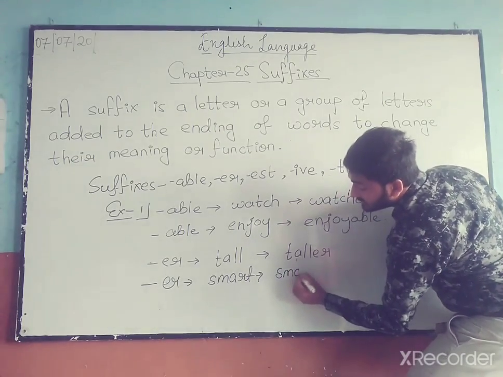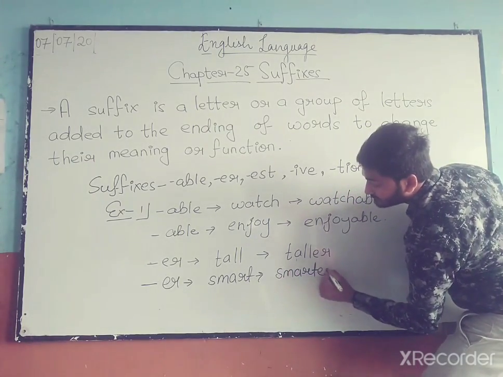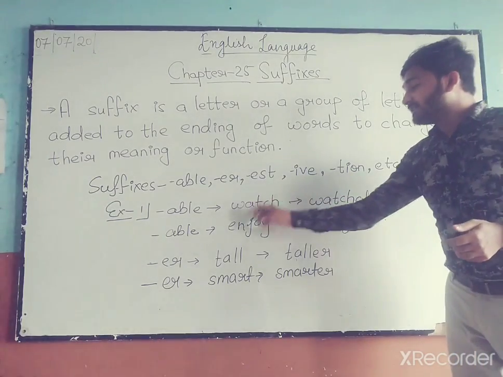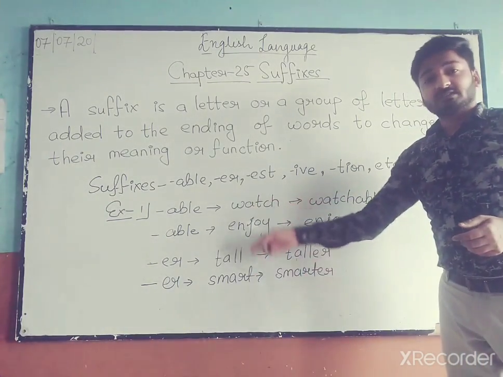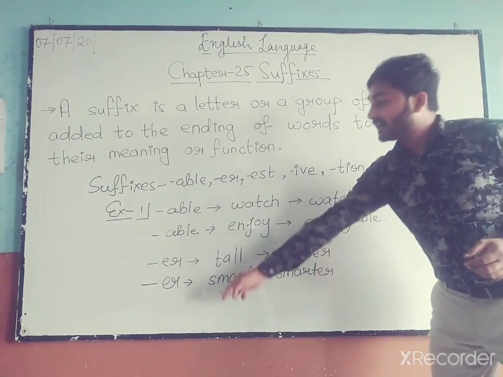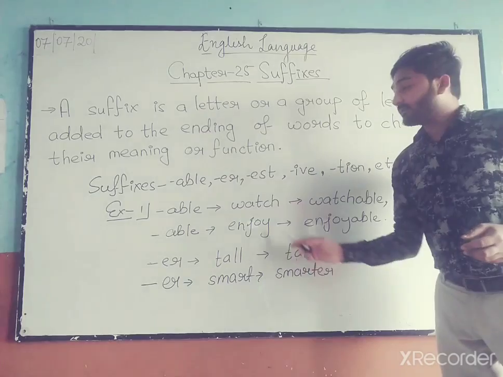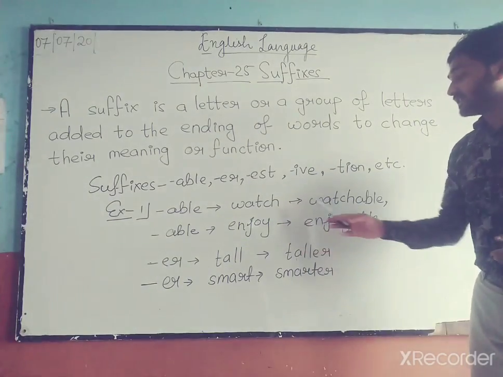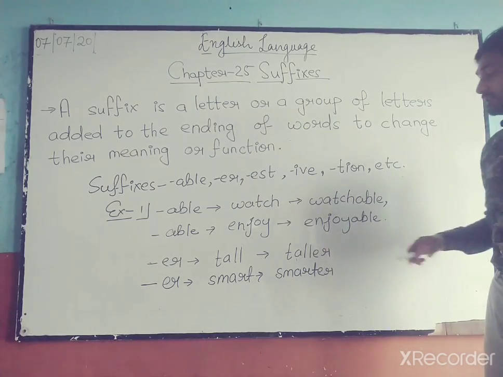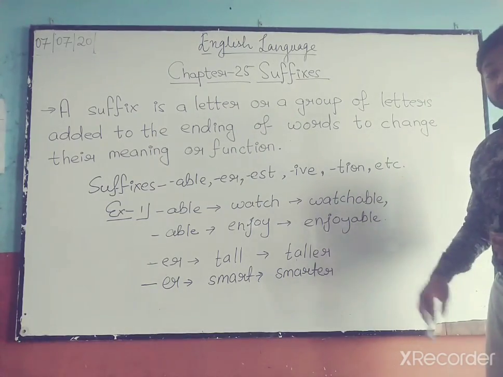We get smarter. Now see what happened. These are root words, and these are suffixes which we have added at the end of these words, and we get new words: watchable, enjoyable, taller, and smarter.